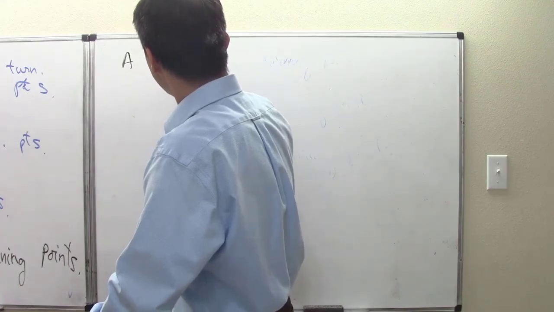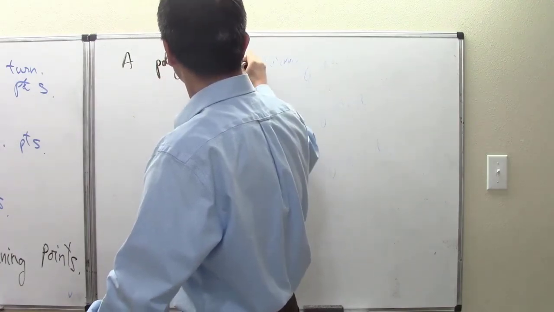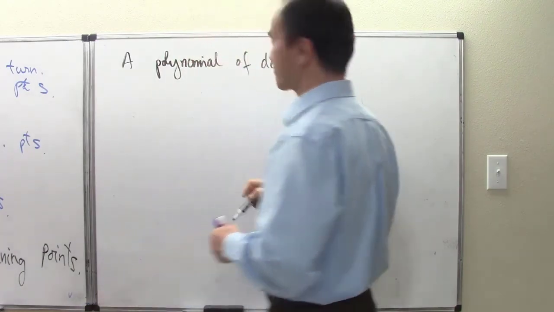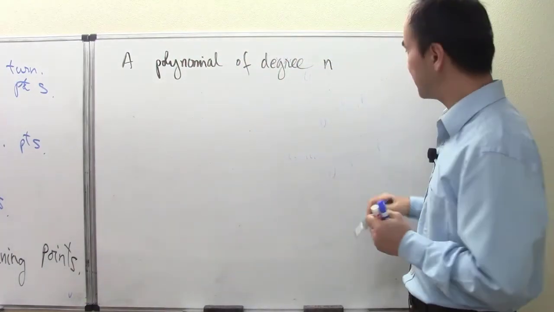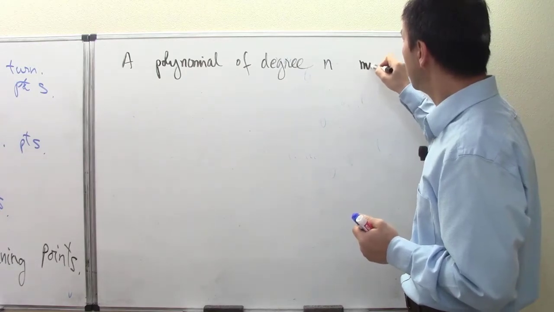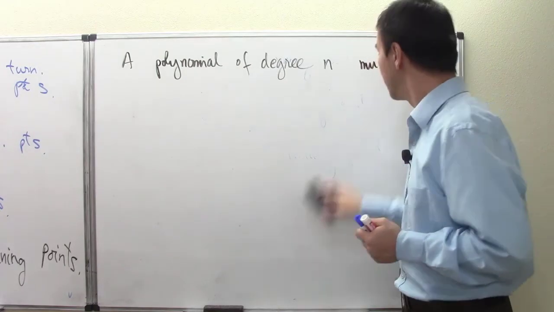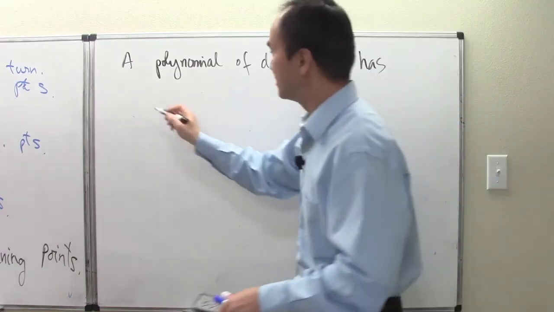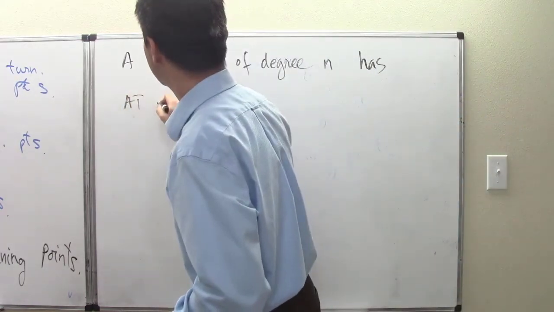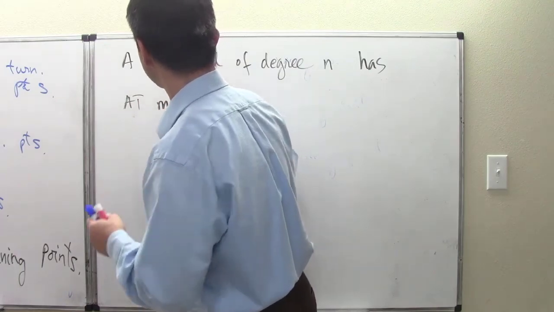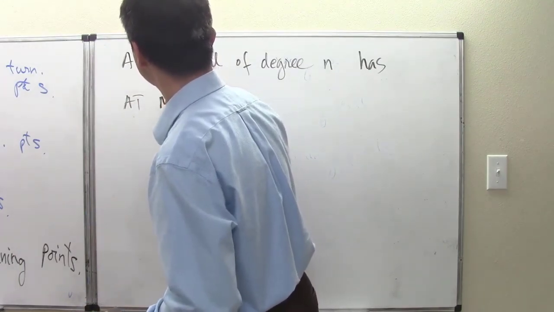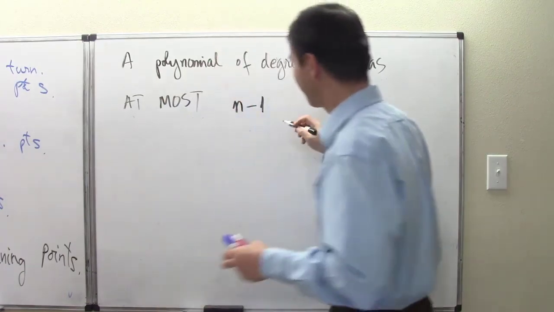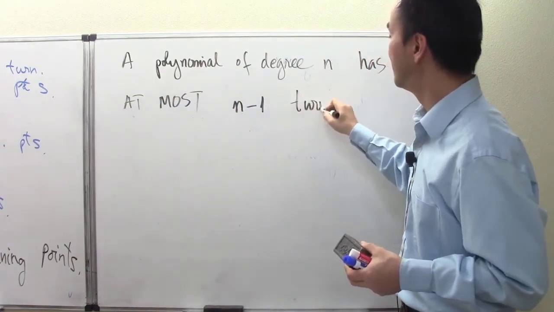Any polynomial of degree n has at most n minus 1 turning points.